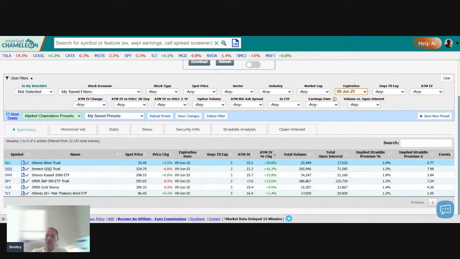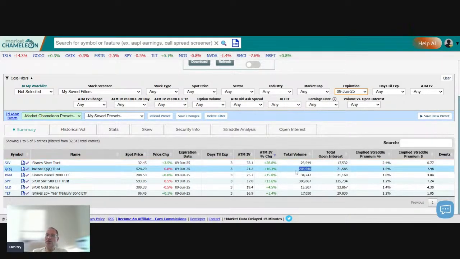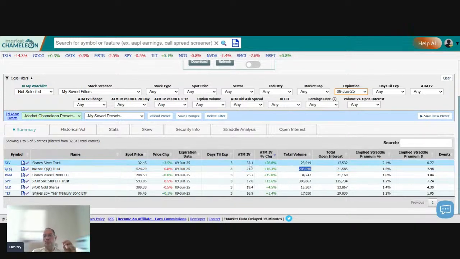So here we have the total volume that's traded, again, in this particular expiration. So this isn't total aggregated volume in the security. It's looking by expiration, and I'll show you what that looks like.